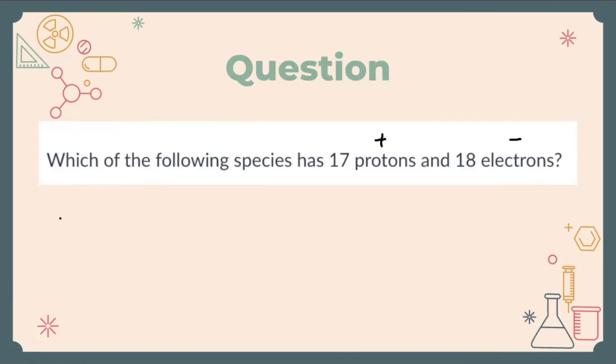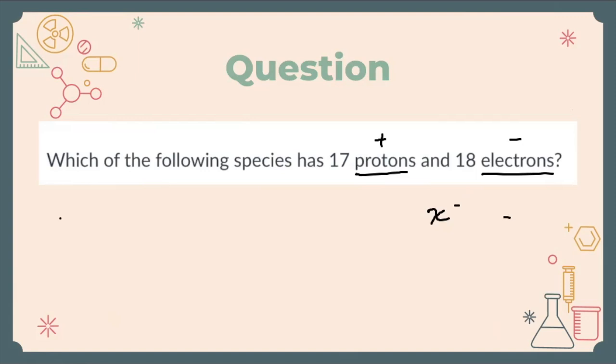Now, I want to ask you a question. Do we have more protons or more electrons here? We have more electrons, which means the charge on our chemical symbol, so whatever chemical symbol we end up having, I'll just denote that X, it's going to have a negative charge. But how large will that negative charge be?